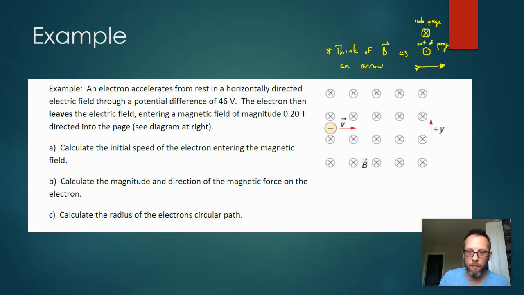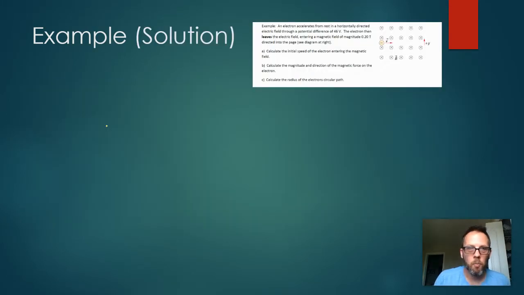So let's do part A. Let's find the initial speed of the electron entering the magnetic field. Remember, in an electric field, the change in electric potential energy is converted to kinetic energy. So electric potential energy lost is equal to kinetic energy gained. This is a concept we went over in the motion of charged particles in an electric field lesson.